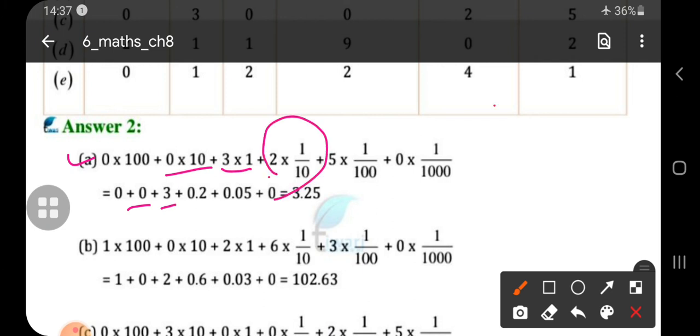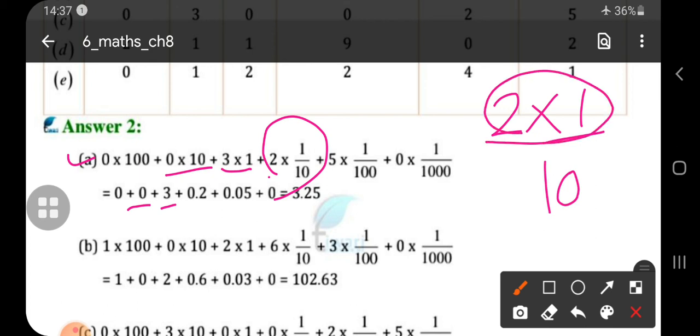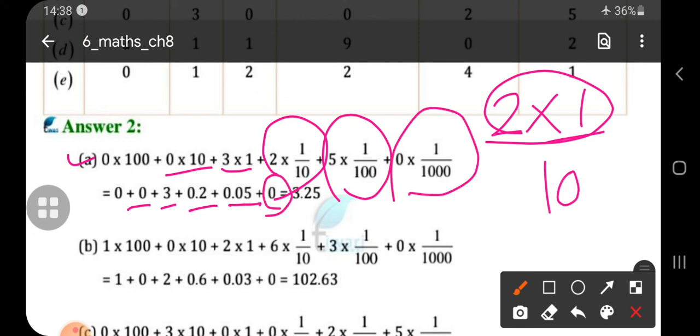Now 2 into 1 upon 10. First multiply the numerators: 2 into 1, 2. Denominator is 10. So 2 upon 10 means 0.2. Here 5 upon 100 means 0.05, and 0 into 1 upon 1000 is 0.